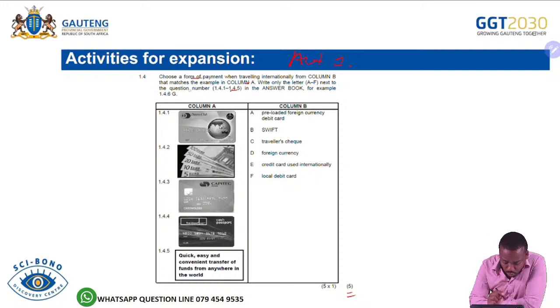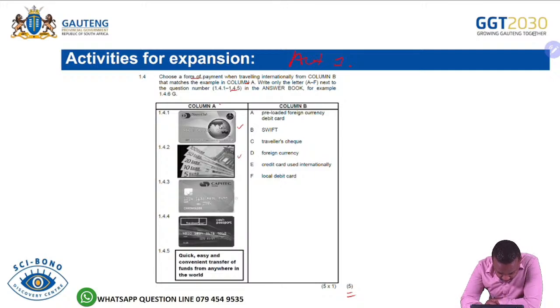Let's just try to interpret this activity. Let's check on column A. What do we have? We have the examples of payment method. The first one is a Diners card. Interpret it. Remember, it is visual literacy. The second one, remember, we're talking about foreign currency. So you've got 5 euros, 10 euros. Here we have foreign currency or cash.